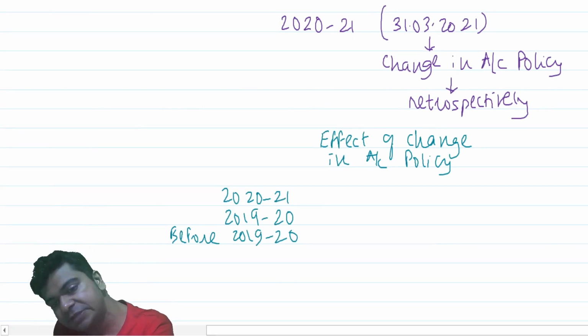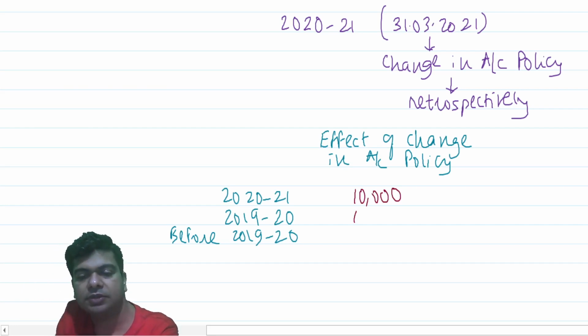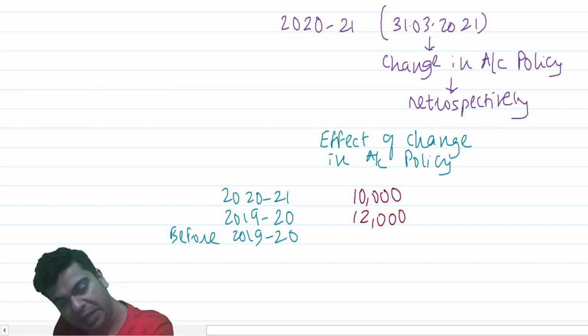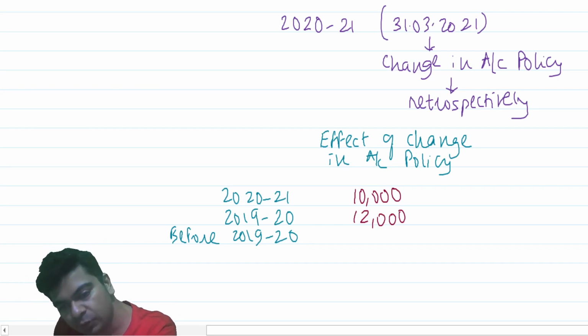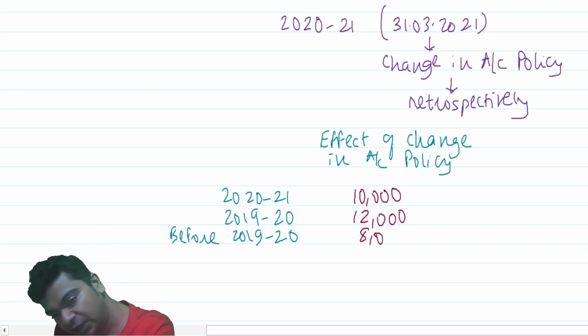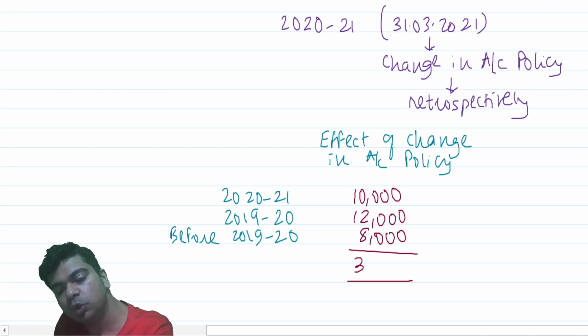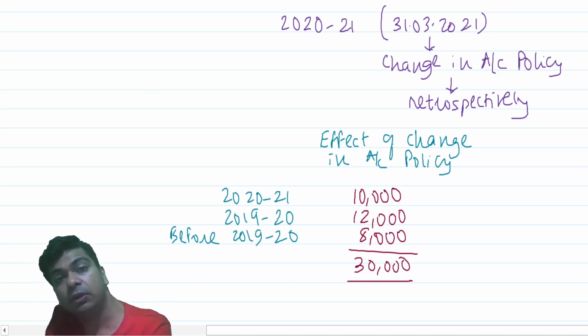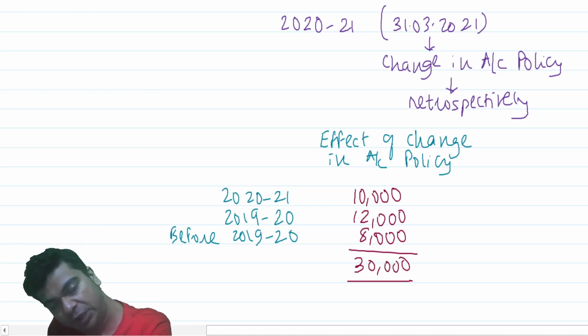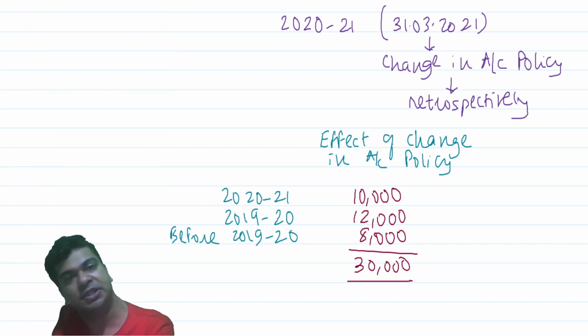Let us say for simplicity, it is 10,000 over here. It is 12,000 over here. And before 2019-20, let us assume that it is turning out to be 8,000. If I take a total over here, the total is turning out to be 30,000. The total change in these 5 years for the change in the accounting policy is 30,000.